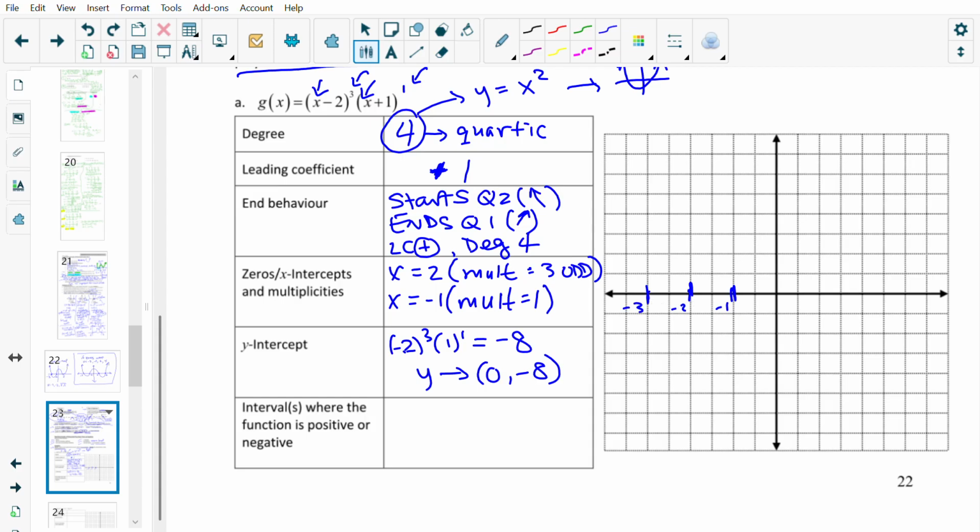So -1, -2, -3, just so we spread it out a little more. So this is 1, 2, 3. Okay? And then on the y scale, it's just 1, 2, 3, 4, 5, 6, 7. So every tick mark is 1.